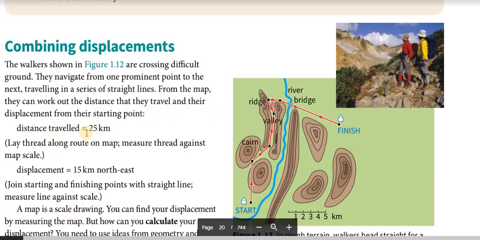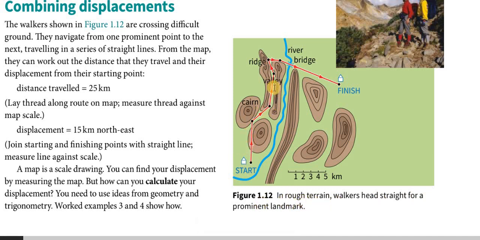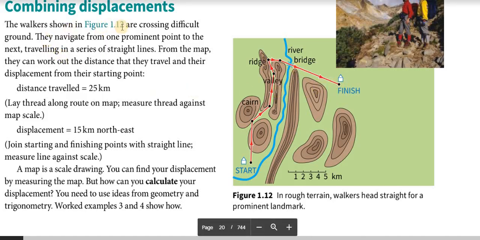Okay, we have distance traveled is 25 kilometers. In rough terrain, walkers head straight from a prominent landmark. Let's say this is the starting point, goes like this, then like this to the finishing point. The walkers shown in figure 1.12 are crossing difficult ground. Walkers navigate from one prominent point to the next, traveling in a series of straight lines.